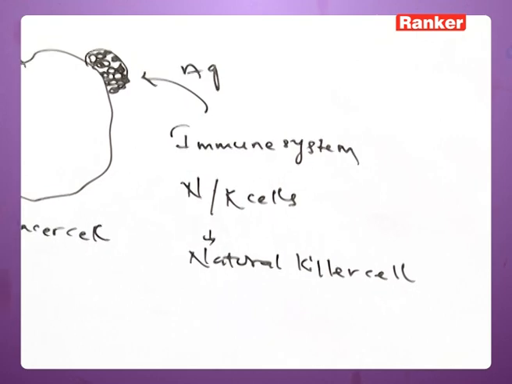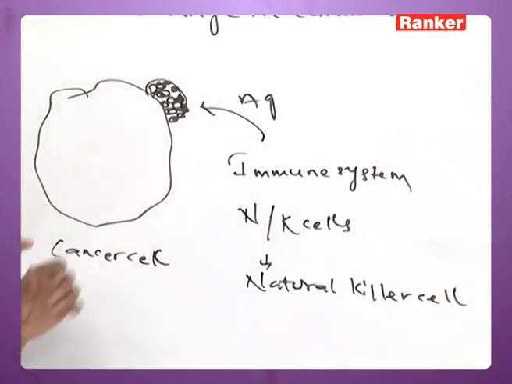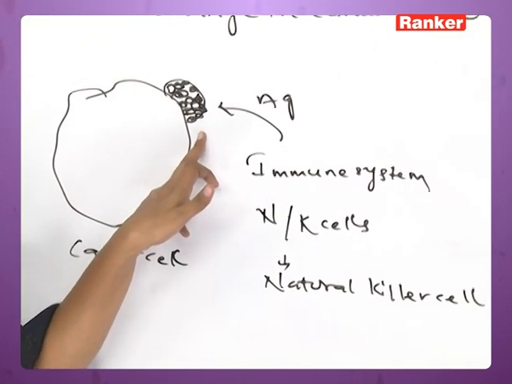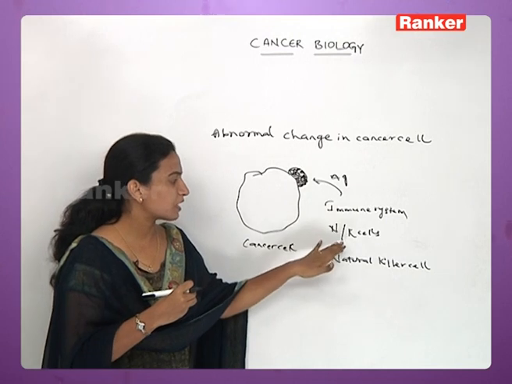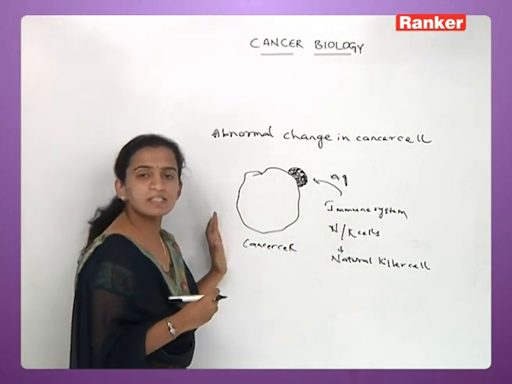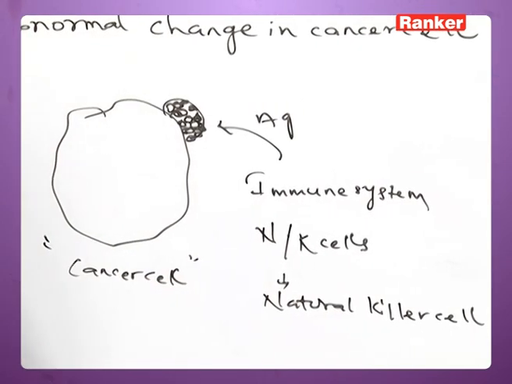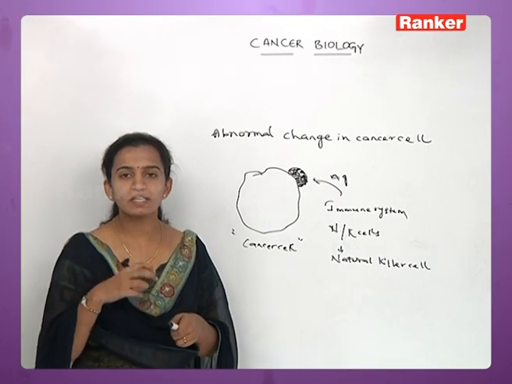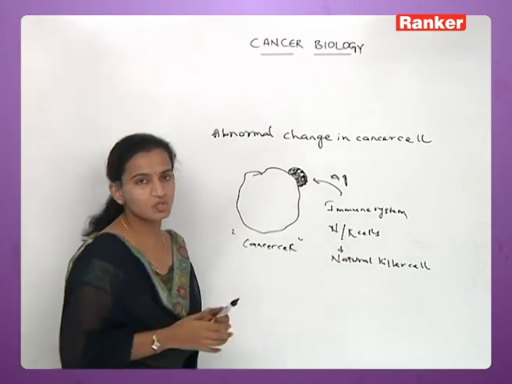How it is recognizing it as a cancer cell is because the same cancer cell is giving you another outgrowth on its body, recognizing that as an antigen. This natural killer cell is able to identify that this is a cancer cell. That means this is not a normal cell, it has a defect in it. So it can be identified with the help of its outgrowth, with the help of natural killer cells.